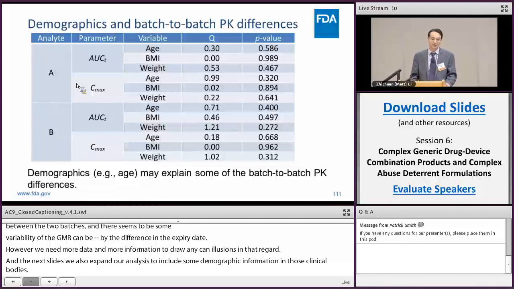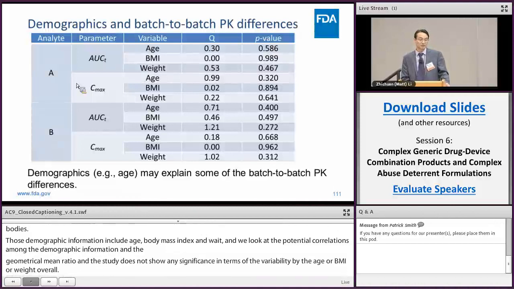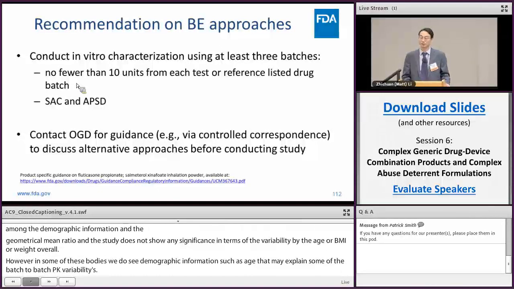And the study does not show any significance in terms of the variability explained by the age or BMI or weight overall. However, in some of the studies, we do see demographic information such as age may explain some of the batch-to-batch PK variabilities. So overall, we have very limited data in this area, which prohibits us from concluding any contributing factors at this moment.